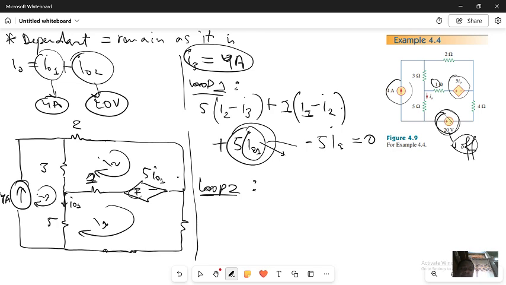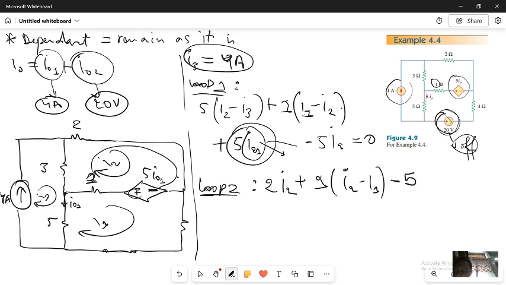Now, if we come to loop 2, I3 I have the value, I can replace directly, meaning that I will have only I1 and I2 as unknowns. If I come to loop 2, I will have the voltage across this resistor, which will be I2, plus this one for this resistor, plus 1 times (I2 minus I1). Why do I start with I2? Because I am in loop 2, minus I1. Now, coming to the source, this one is in the negative terminal.